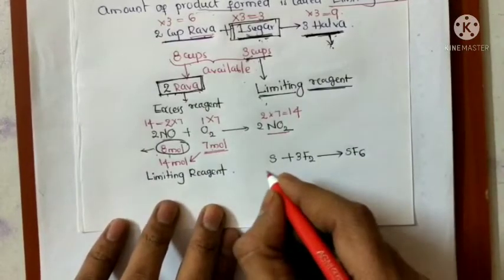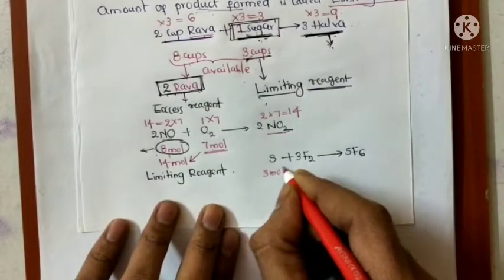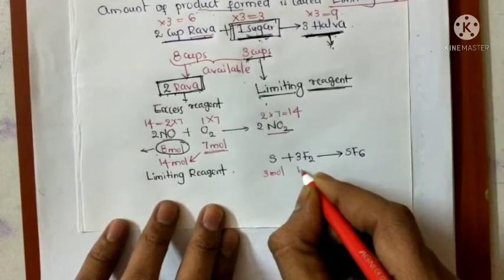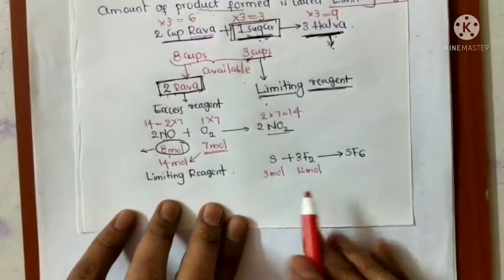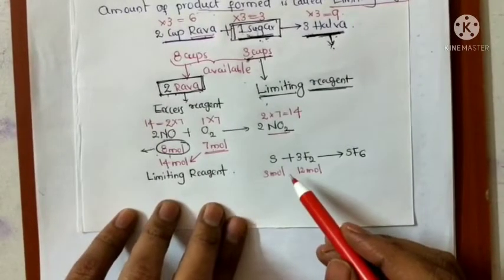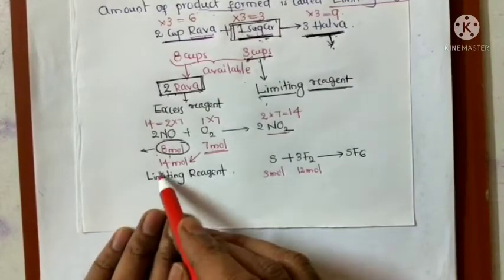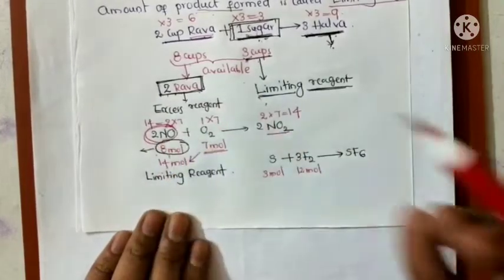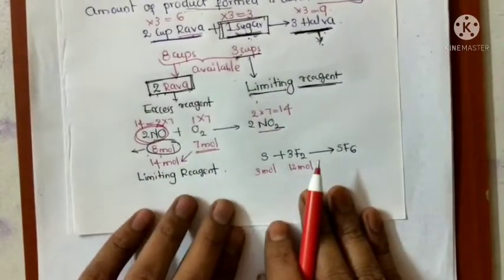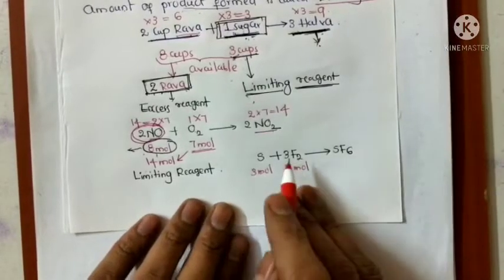But in the problem, 3 moles and 12 moles are given as the available amounts. From this we can find out which one is the limiting reagent. So now come to the problem.